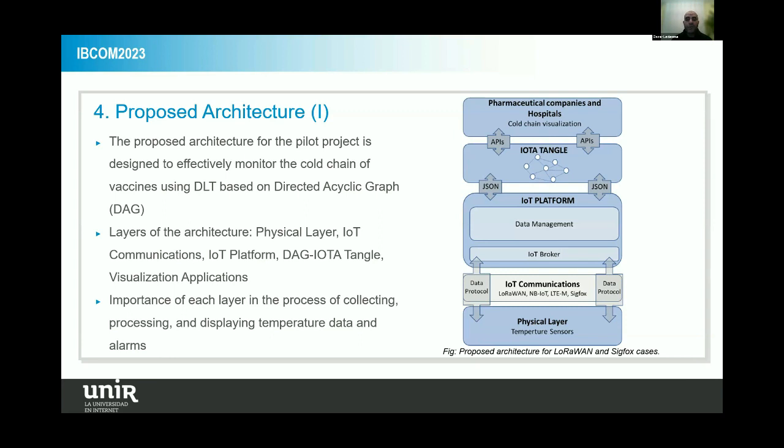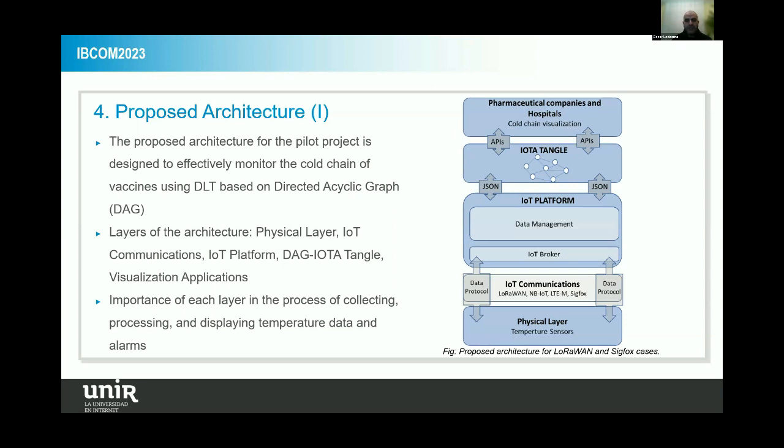They utilize low power wide area networks, LPWAN connectivity. This LPWAN connectivity is specifically for IoT connectivity to transmit temperature data to the IoT platform periodically. Periodically means every 5 to 10 minutes.